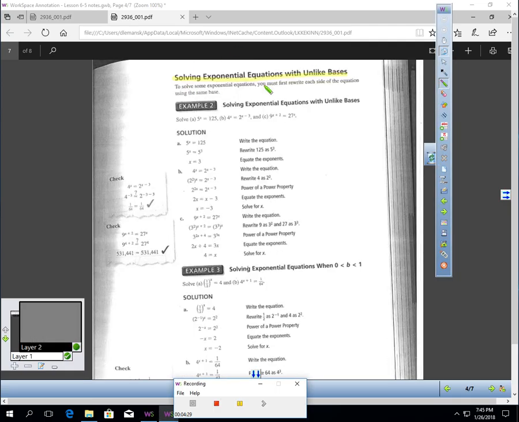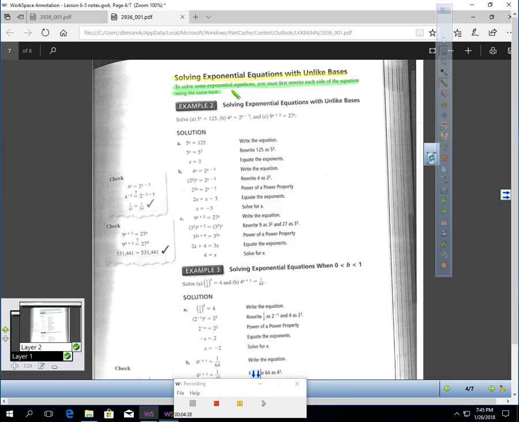Let's talk about how we handle solving exponential equations with unlike bases. Now, if you're going to solve an exponential equation with an unlike base, you're first going to have to rewrite each side of the equation so they have the same base. Okay?